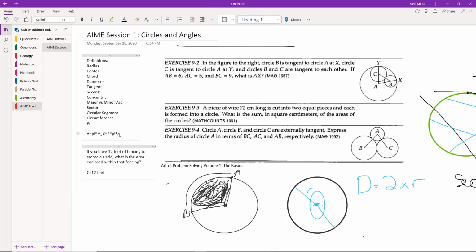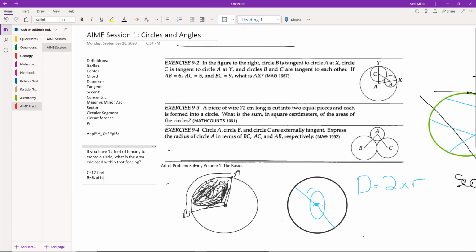So the circumference is 12 feet. If I find r, it will be equal to the circumference over 2 pi. Using algebra 1, you can divide both sides by 2 pi so that you get C divided by 2 pi is equal to r. In that case, r is equal to 6 over pi.